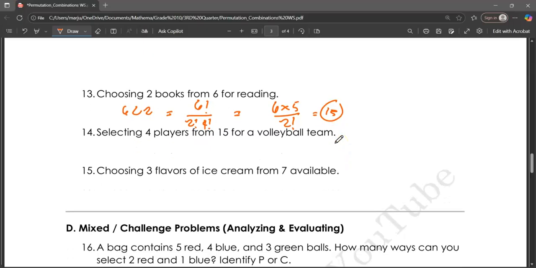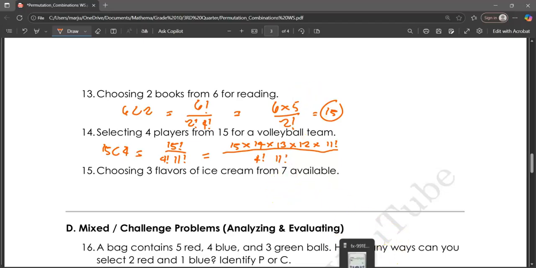Number 14, selecting 4 players from 15 for a volleyball team. So again, this is 15, choose 4. So this is 15 factorial. You're choosing 4, so 4 factorial. We need how much more to reach 15? 11 factorial. So that is 15 times 14 times 13 times 12 times 11 factorial over 4 factorial 11 factorial.